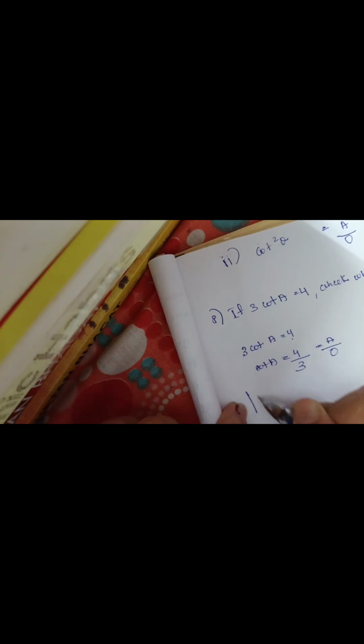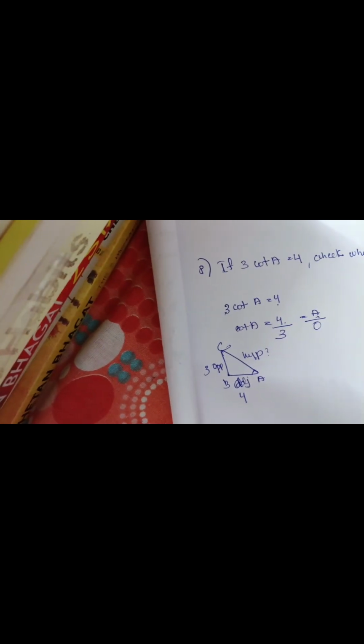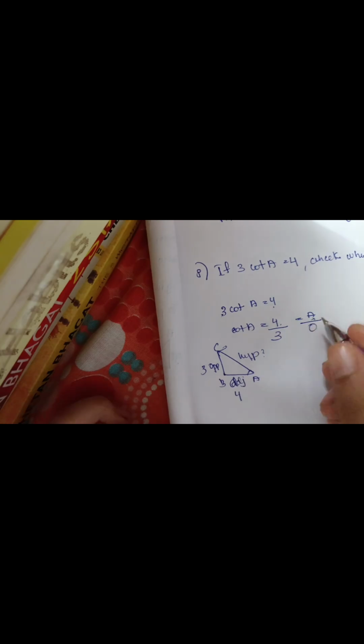So we're going to draw a very small triangle, A, B and C. So cot A equals adjacent by opposite, hypotenuse. We have the value of adjacent, that is 4, and opposite, that is 3. We have to find the hypotenuse, that is AC.